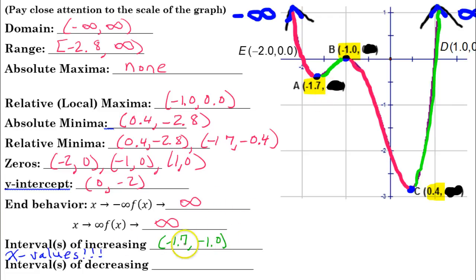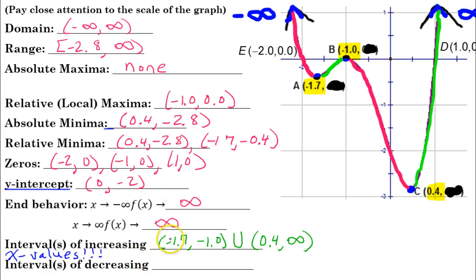Always use round parentheses on these increasing and decreasing intervals because at the points themselves they are neither increasing nor decreasing. And the final green part here goes from an x value of 0.4 to an x value of, oh look, positive infinity. So in between we will put a union and 0.4 to positive infinity.